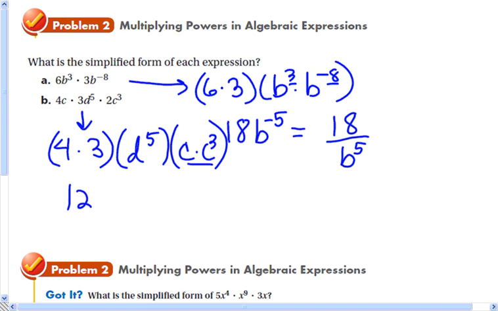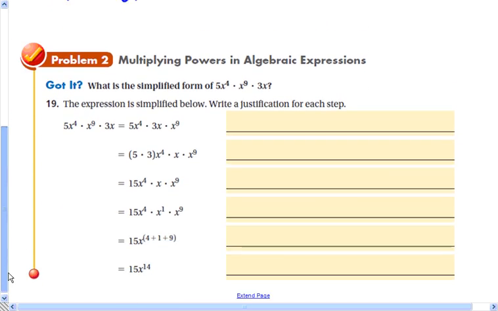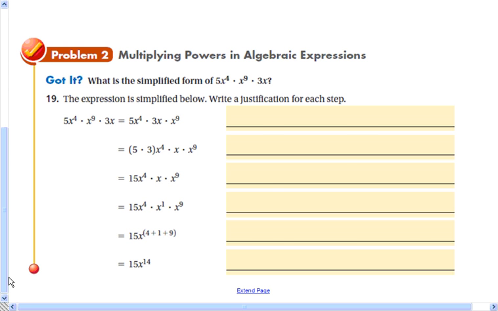But if I multiply by C once and then 3 more times, that's C to the 4th power. And think about that. Any number is the same as the number to the 1st power. So we can think of that as C to the 1st. Then you can see you would add 1 plus 3, and then D to the 5th. Okay. I'll pause here, and you can go ahead and see if you can fill in these answers.